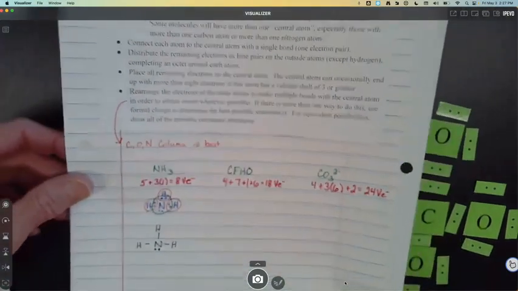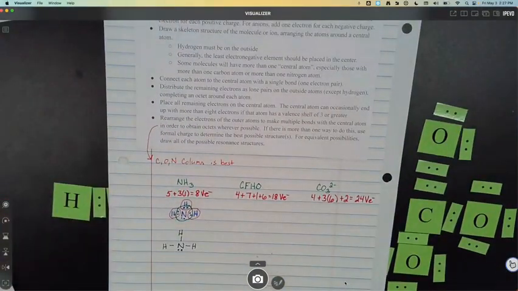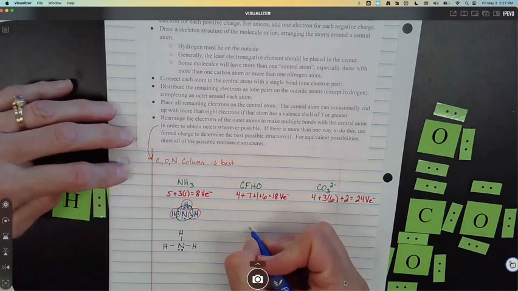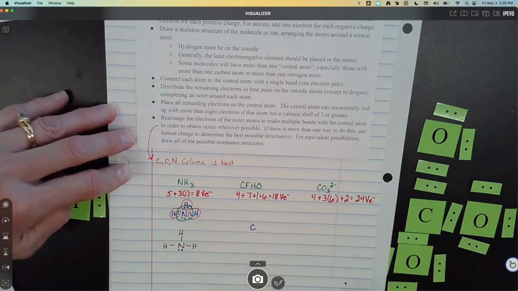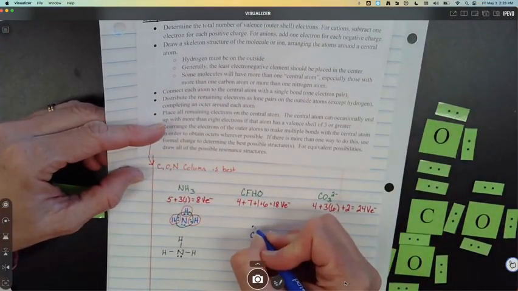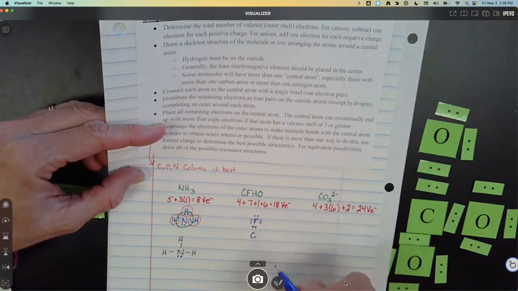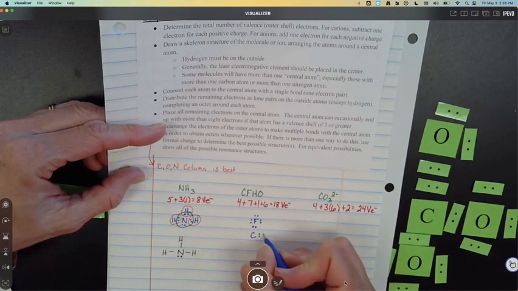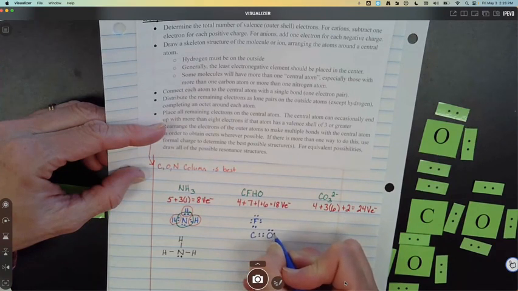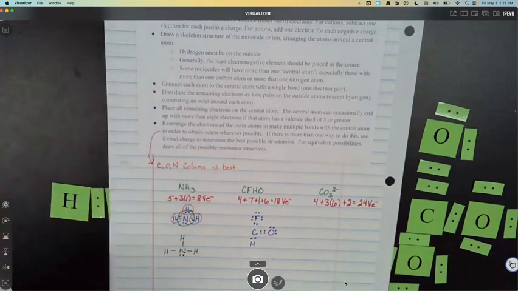So my other one, I had to look and see what order I had it laid out in. My other one, I have to draw it down here a little bit. I've got a carbon, a fluorine. I've now got 4 electrons between the carbon and the oxygen, and the oxygen only has 4 lone electrons, and a hydrogen down here.